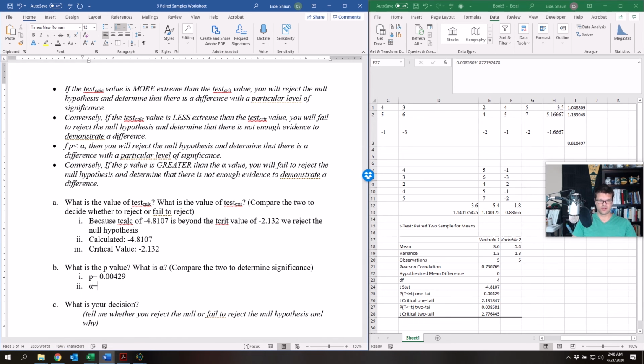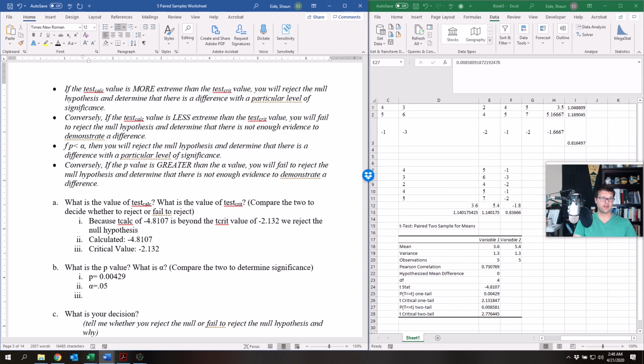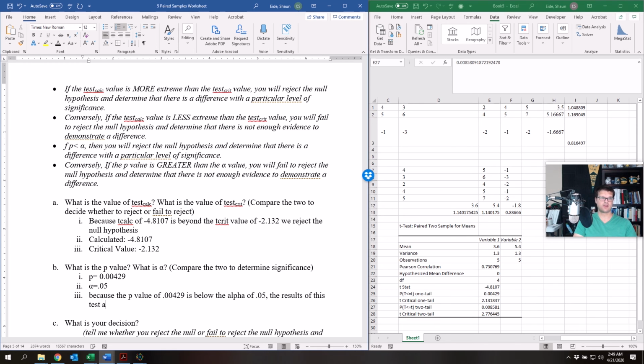Alpha equals 0.05. And then what we can say here is because the p-value of 0.00429 is below the alpha of 0.05, the results of this test are significant and should be interpreted further.